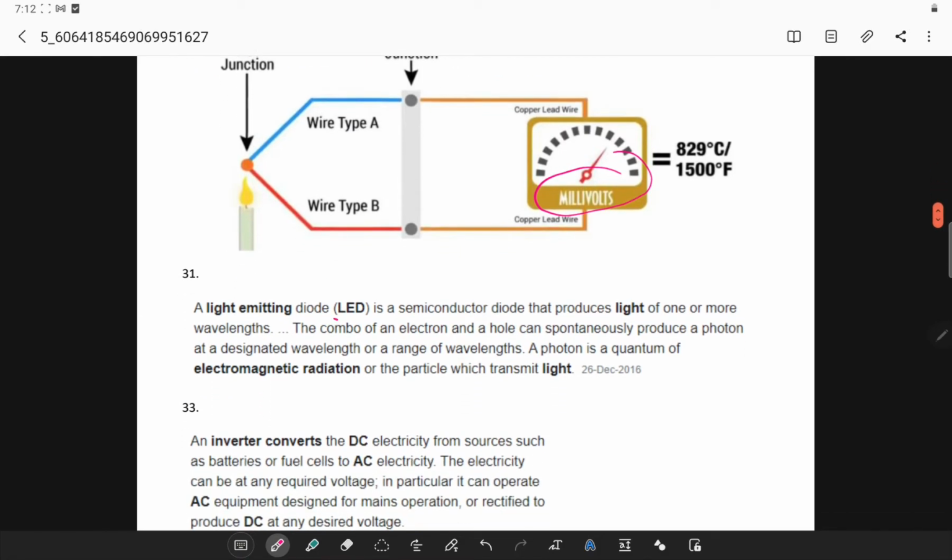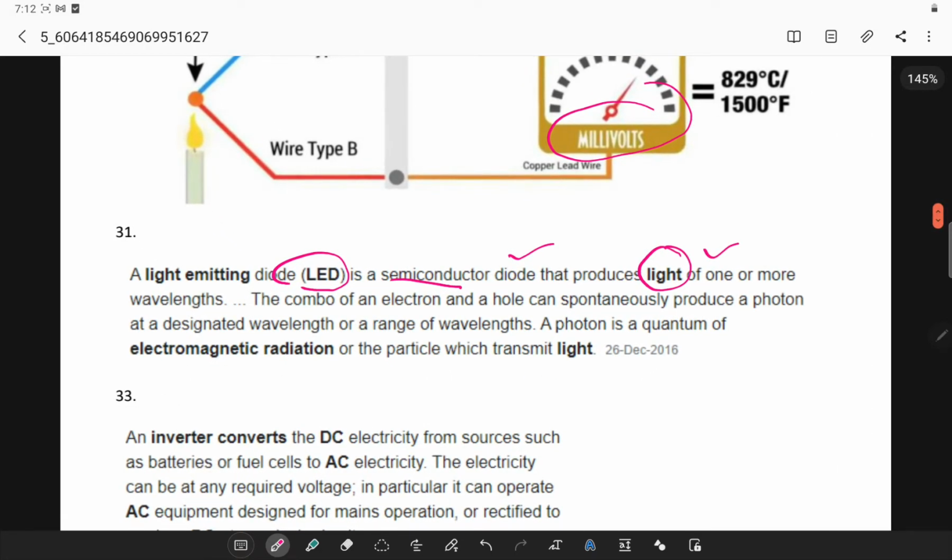If you remember, an LED is basically a semiconductor diode that produces light of one or more wavelengths, and here the energy is in the form of photons, which is a quantum of electromagnetic radiation. So the student has to remember the concept of wavelength and electromagnetic radiation of the particles.